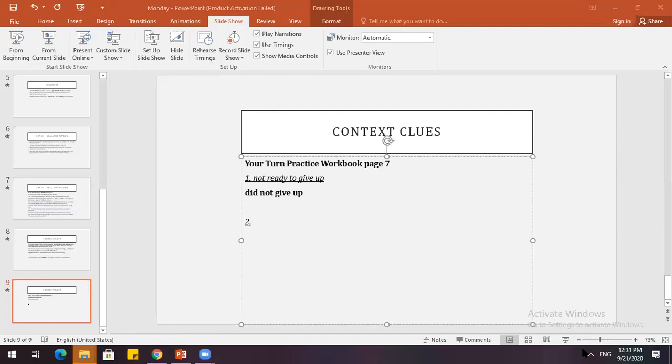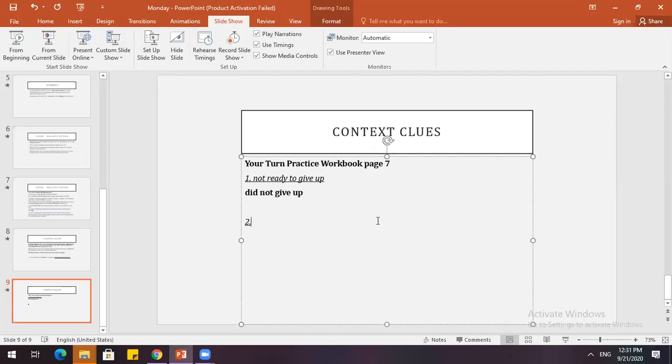All right. So we are looking for the meaning of the word volunteering. What are some clues in this sentence? Kevin is volunteering next weekend by giving time to help build a home for a family that needs one.